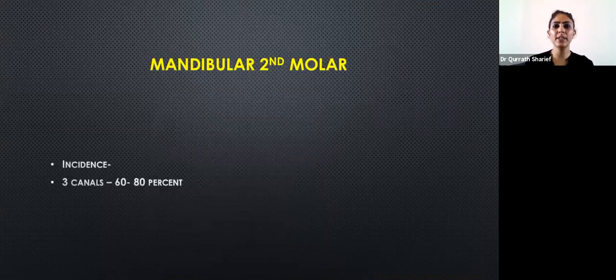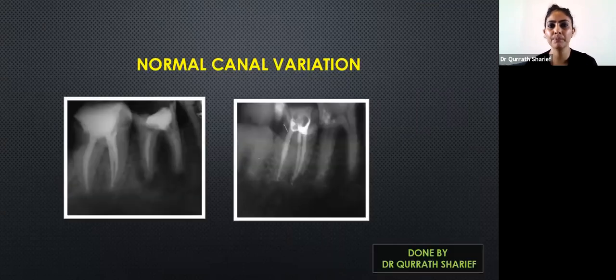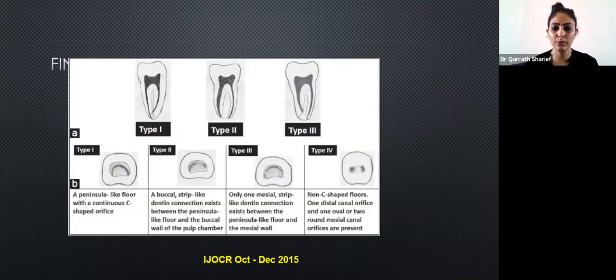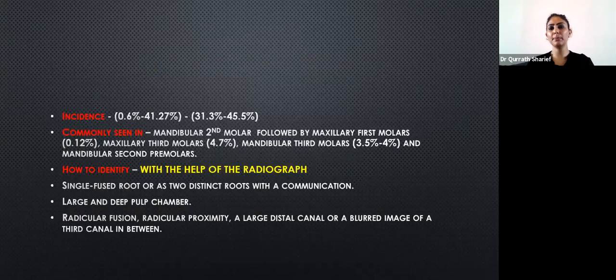Coming to your mandibular second molars, in 80% of cases they have 3 canals itself. So this is a 3 canal variation. But there is an internal anatomical variation which is very challenging to treat. That is the C-shaped canal.